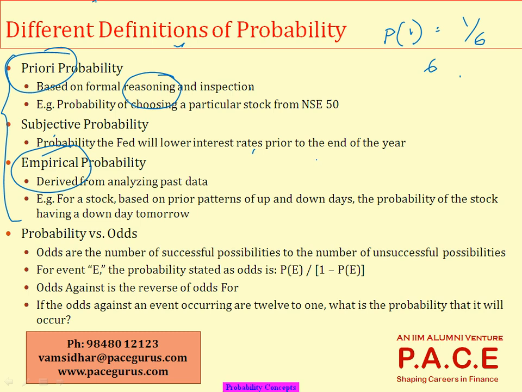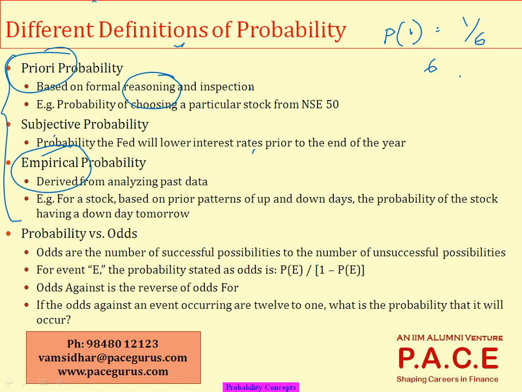I cannot say the two possibilities are rain and no rain, and therefore 1 by 2, because rain and no rain are not equally likely. That reasoning can be applied only if I am fairly reasonable about the equal likelihood of the events.